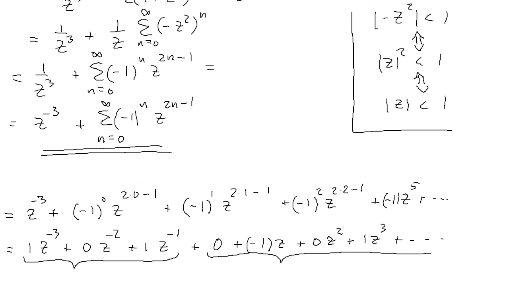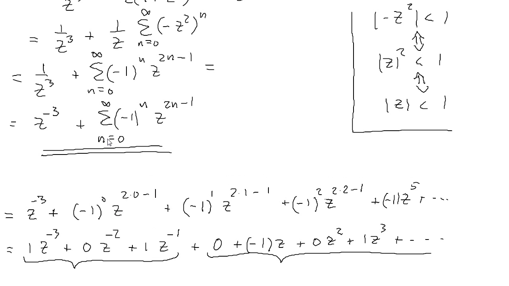Let's just see some terms, the first terms of this series. We see that minus 3, z to the power of minus 3, is some term in the principal part of the Laurent series. And I'm writing down some terms of this infinite series, starting with n equal to 0. Then I obtain minus 1 to the power of 0 times z to the power of 2 times 0 minus 1.